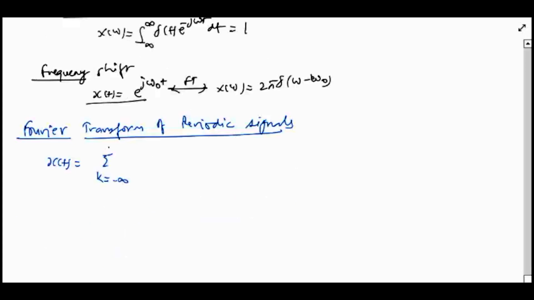So x(t) is the sum from k equals minus infinity to infinity of a_k e^{jk omega_0 t}. We can then use linearity along with the above property to write the Fourier transform of x(t) to be equal to the sum from k equals minus infinity to infinity of 2 pi a_k delta(omega minus k omega_0).